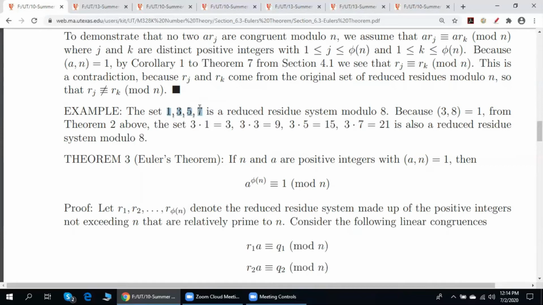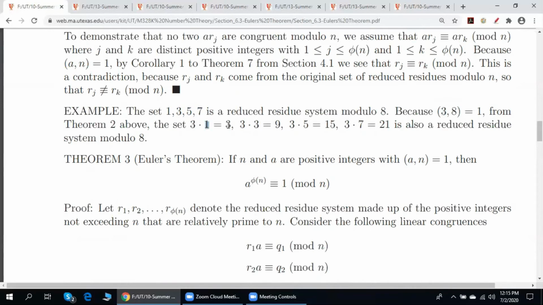Moreover, each of these elements is relatively prime to 8. Here is what we do next. Pick some integer which is relatively prime to 8, for example, 3. This integer does not have to be from this set. And then multiply each of these numbers by 3.